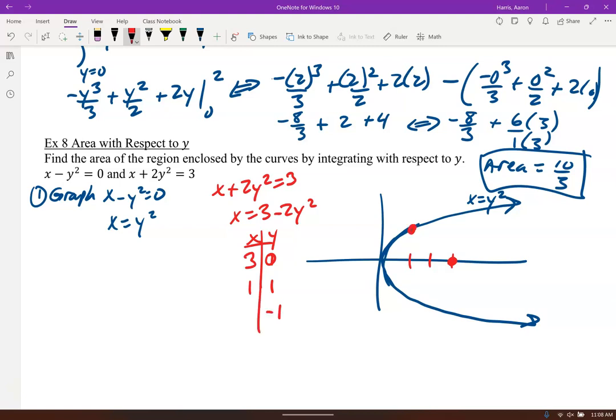How about if my y is negative 1? Well, negative 1 squared is positive 1, so I got 3 minus 2 again, so I got 1. Anyways, you could plot a few more points if you wanted to, but you're going to see this parabola like that. And they're obviously meeting right there.